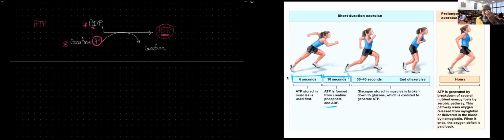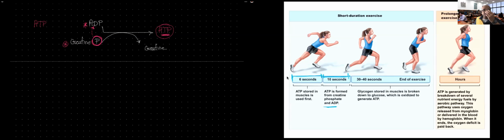So if I don't have ATP, I wouldn't be able to perform the muscle contraction. So what will I do? An easy access to ATP is breaking down glucose from the blood and from the stores that you have in your muscles.